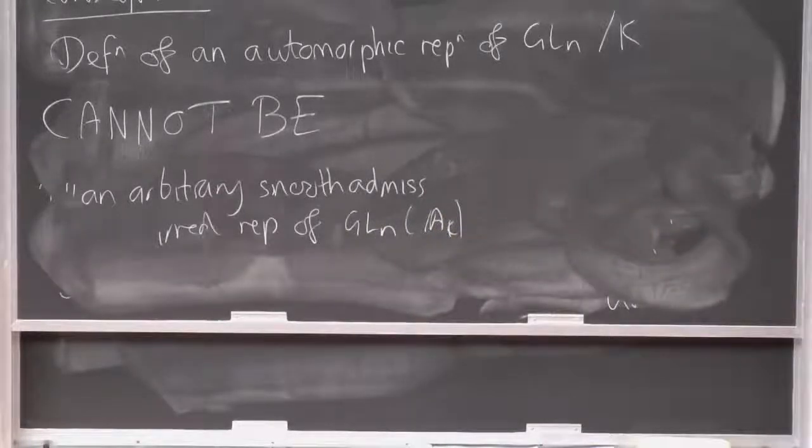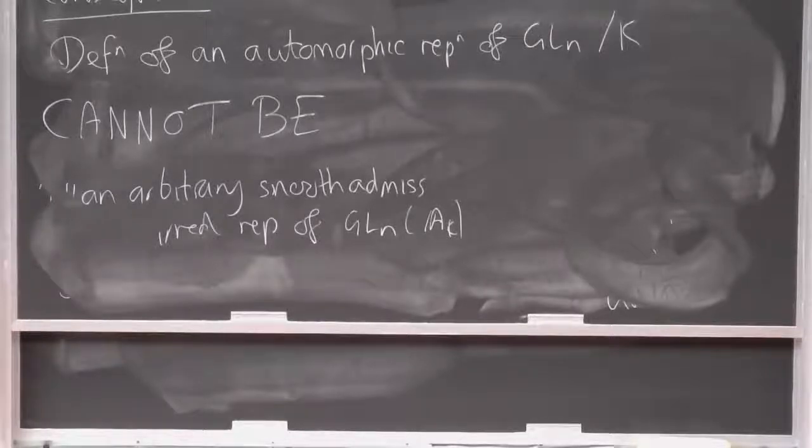So locally, that was exactly the story. Locally, we came up with a group, GLn of k, where k is now, just for this board only, a finite extension of Qp. We had a local field, and we looked at all representations of that local field, and they matched up with all n-dimensional representations of some Galois group.